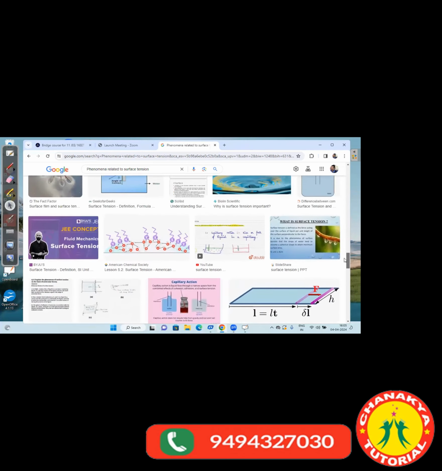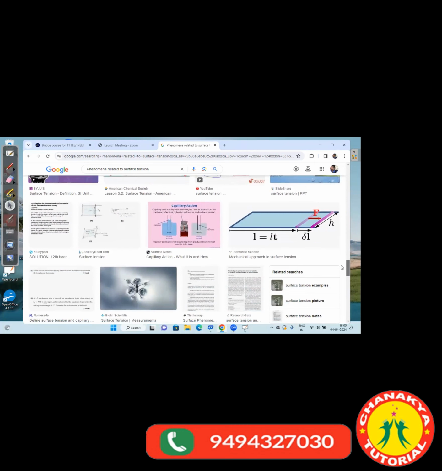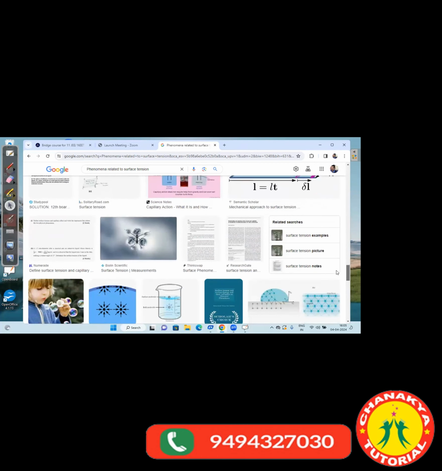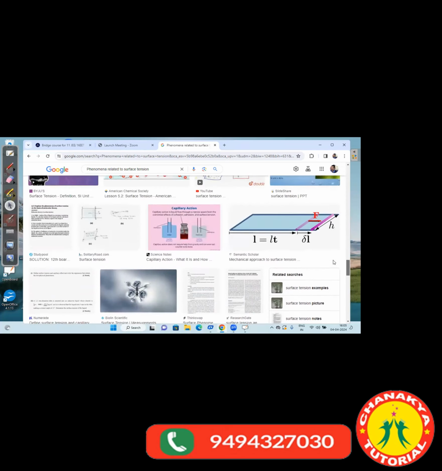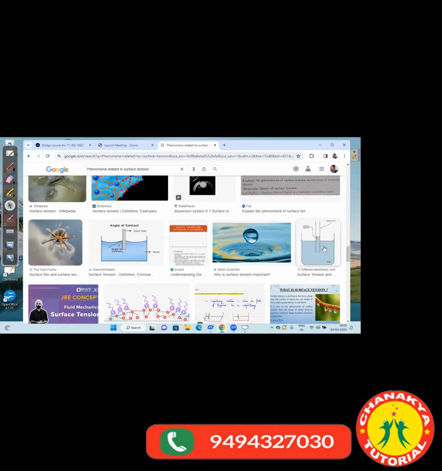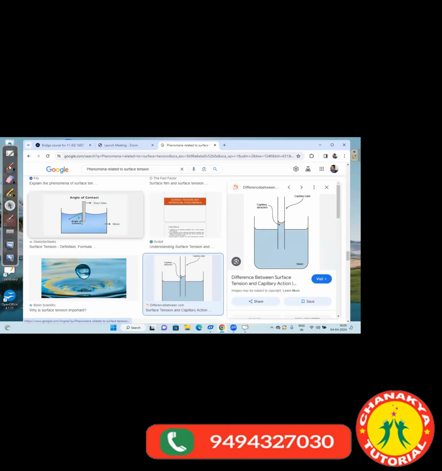Two other phenomena that we observe due to surface tension: we have the formation of meniscus. Whenever you have seen the diagram of water, or even if you do it practically in your laboratory, you will observe the water in the capillary forms a downward curve like this. But for mercury and some other substances, it is not downward.